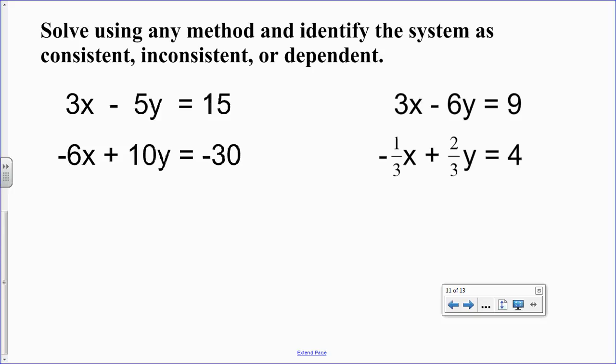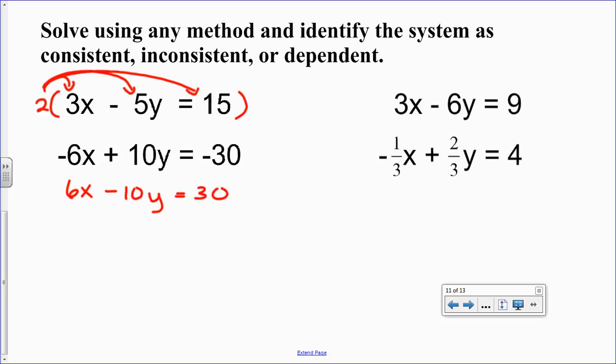So what equation would I want to multiply? The top one, and what would I want to multiply by? 2. Because 2 times 3 is positive 6, and positive 6 and negative 6 would cancel. So that's 6x minus 10y equals 30.